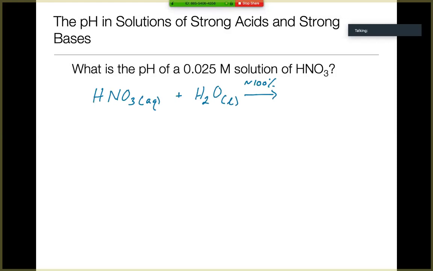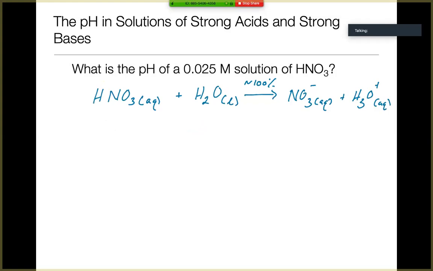If I'm predicting my products, I know I have my acid. It will donate the hydrogen to the base, so I'll be left over with nitrate. And then I have my protonated water, which is hydronium. Let me clean up the left-hand side of it. And so we start off with our chemical reaction.